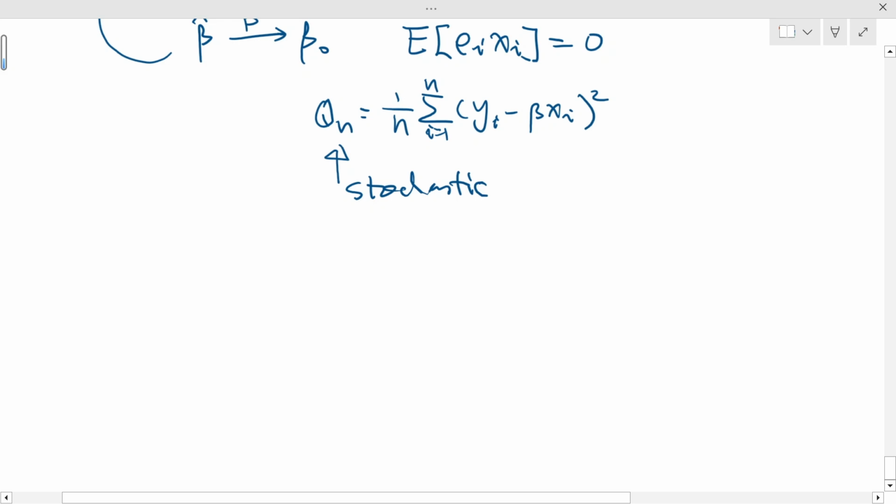To do so, I'm going to rewrite this sum of squared errors.